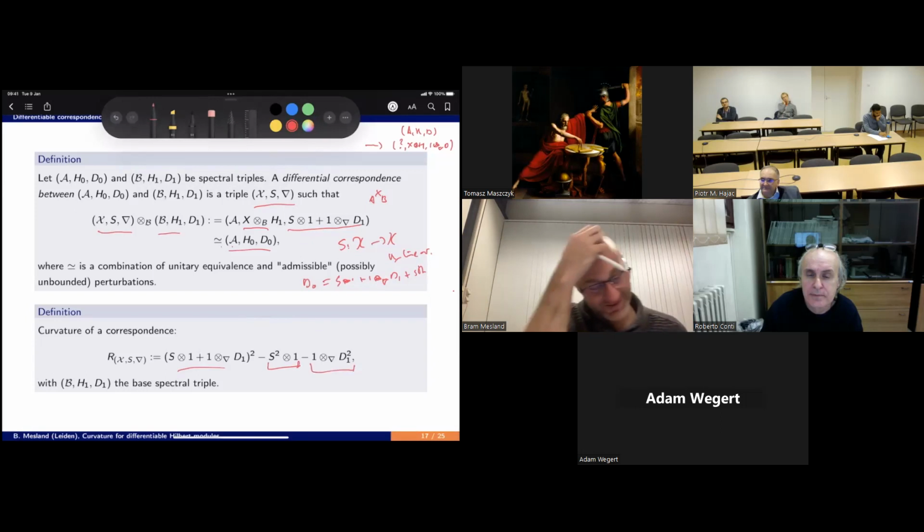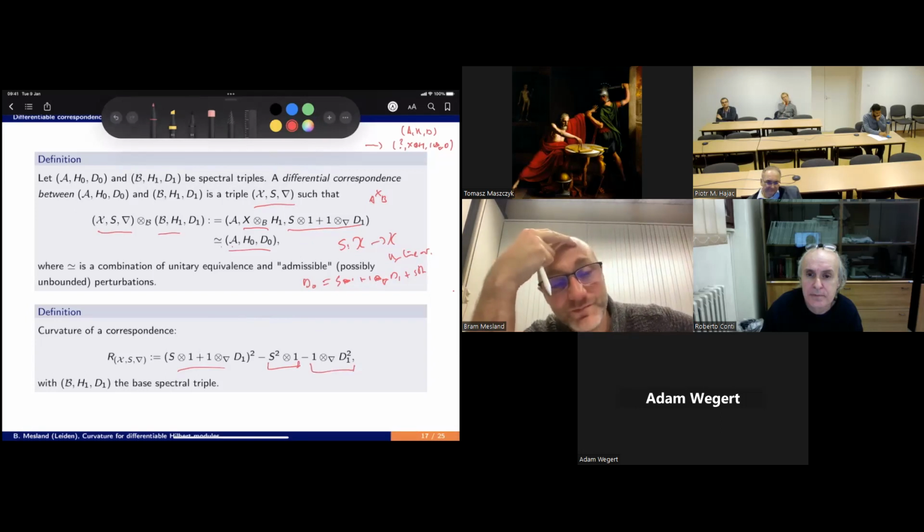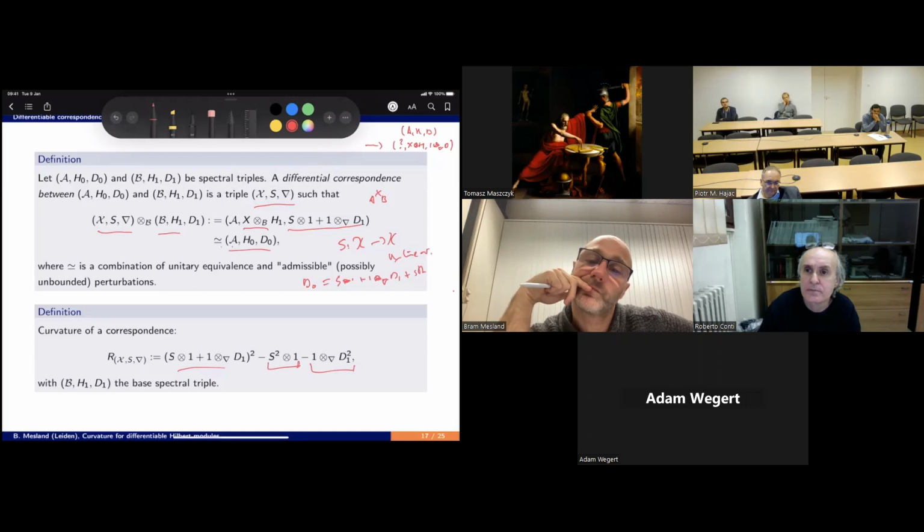Can I ask a question about this first definition? So coming back to this first one, I wonder if you had this perspective in mind, writing this condition for the differential correspondence. So this spectral triple is regarded as a differential correspondence from A to C in a sense.